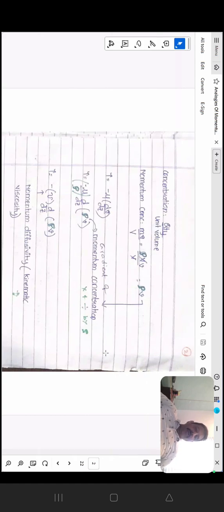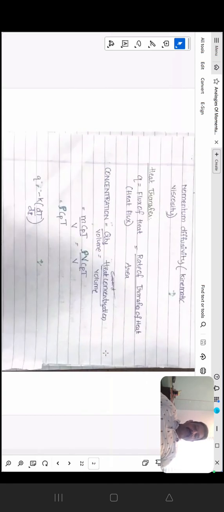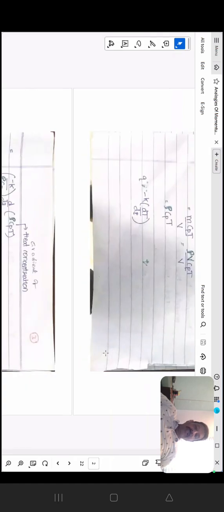Similarly, in heat transfer, Fourier's law is minus k dT by dz. I multiply and divide by rho Cp. So k by rho Cp is nothing but alpha, the thermal diffusivity, and d of rho Cp T is nothing but your heat concentration, right?